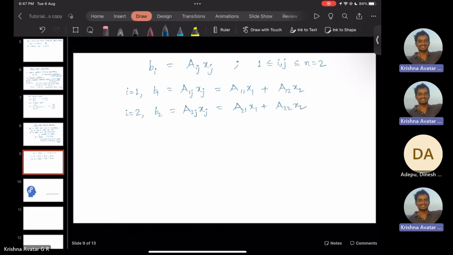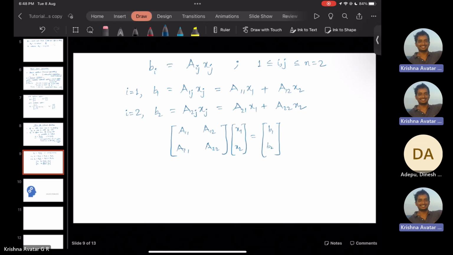This was just an example, and ultimately what you see is nothing but the matrix equation that we have come across several times. So this is essentially a11, a12, a21, and a22. This is x1, x2, and this is b1, b2.